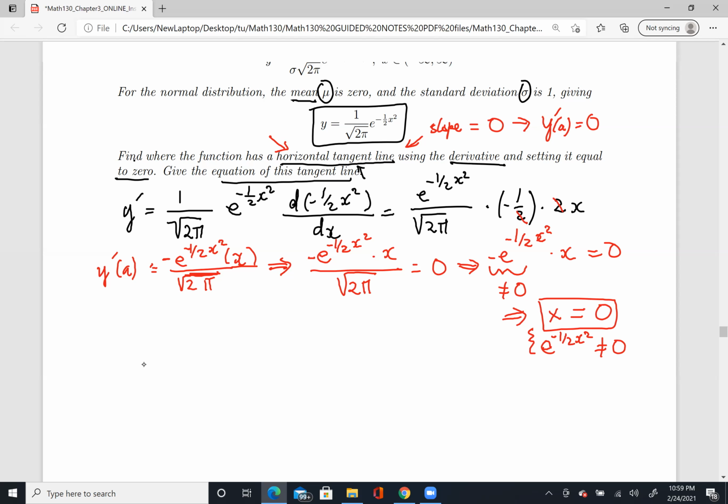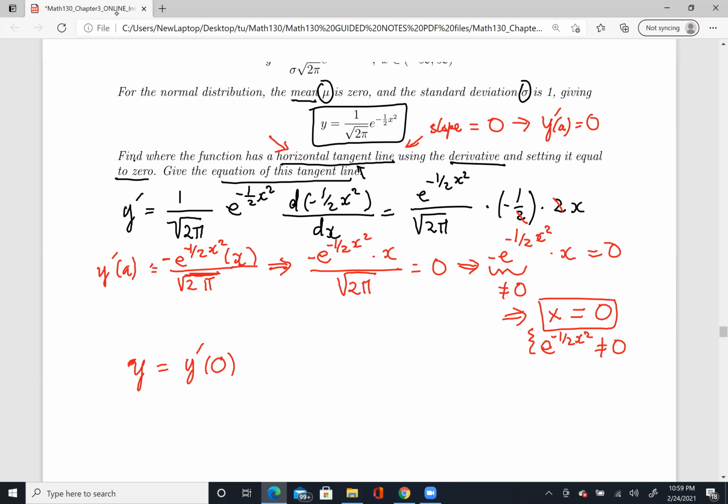So what is the tangent function? You should have the tangent function is y equal to y derivative of a times x minus a, plus y of a. Here I have x equals 0, right?